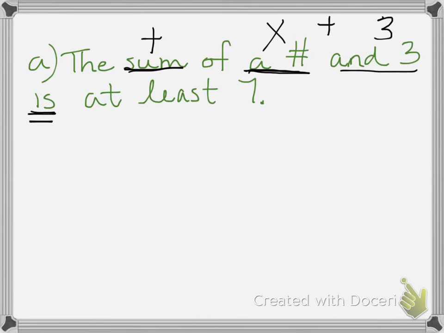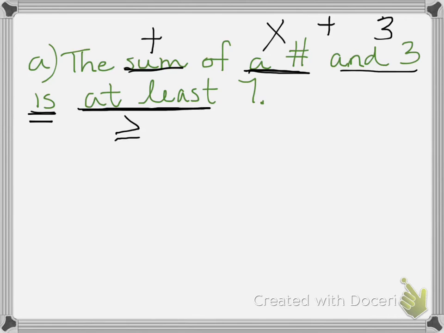Is would technically be like an equal sign, right? But you can't stop at is. It's at least. So what is at least a key word for? This is where your chart's going to come in handy. At least is greater than or equal to. It's at least 7. Greater than or equal to 7. So now we have to write our inequality.